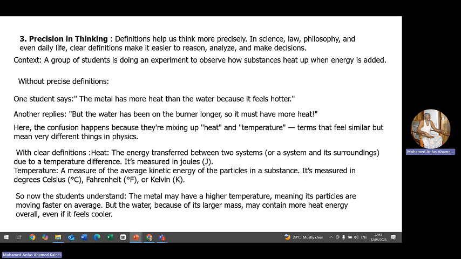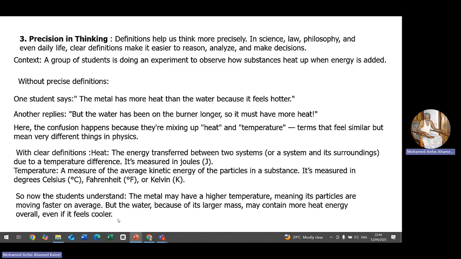But the water, because of its larger mass, may contain more heat energy overall, even if it feels cooler.